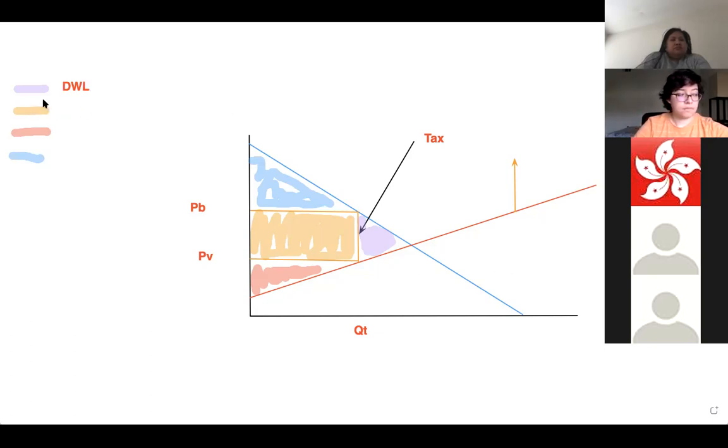And this is tax revenue. And this is PS after tax. And this is the consumer surplus after tax.